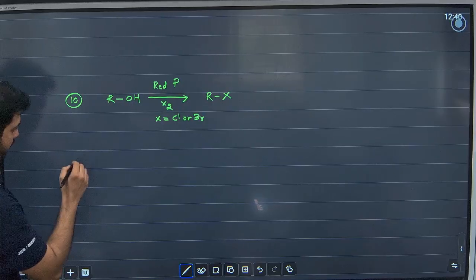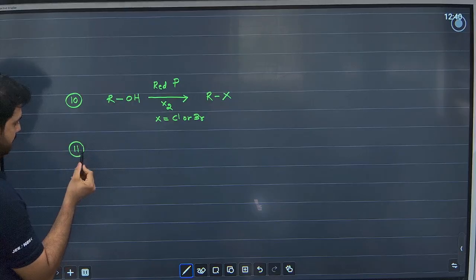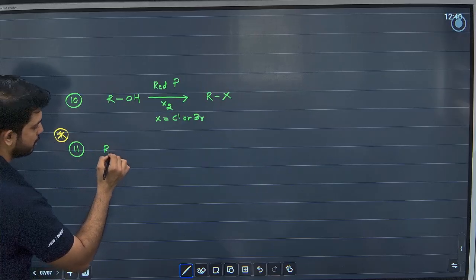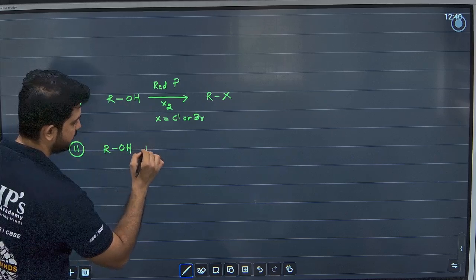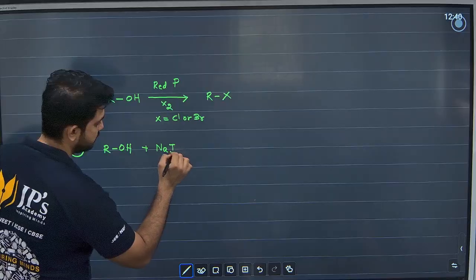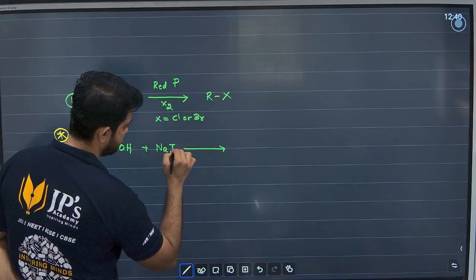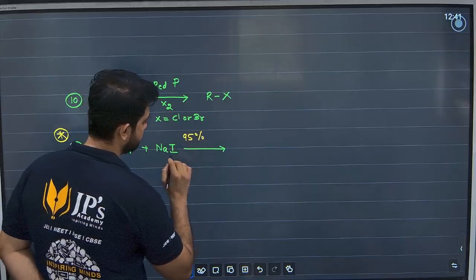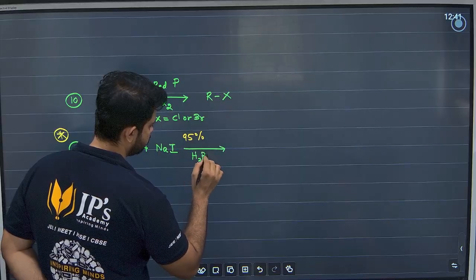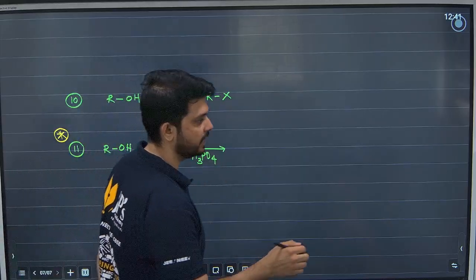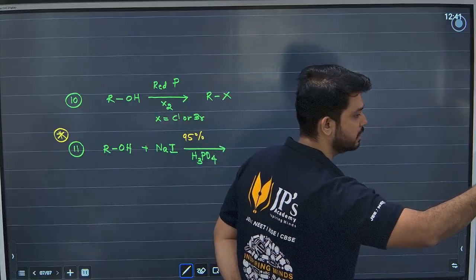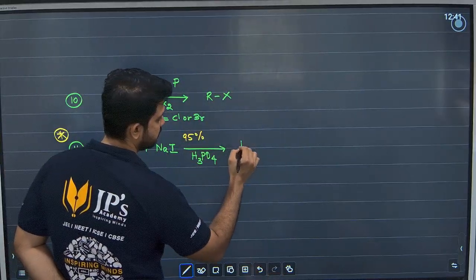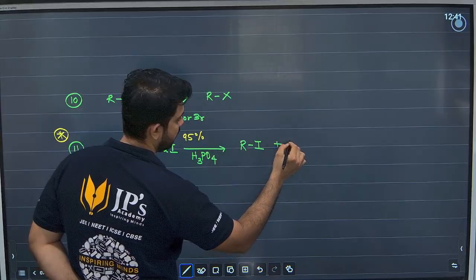Okay. And the last one, you take alcohol ROH plus NaI in the presence of 95% orthophosphoric acid. What we get here is alkyl iodide.